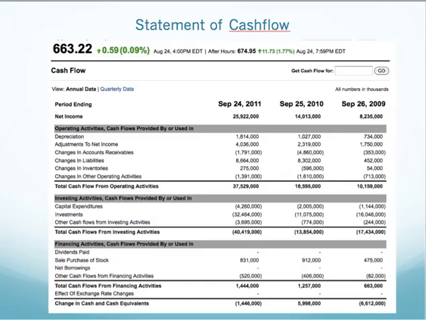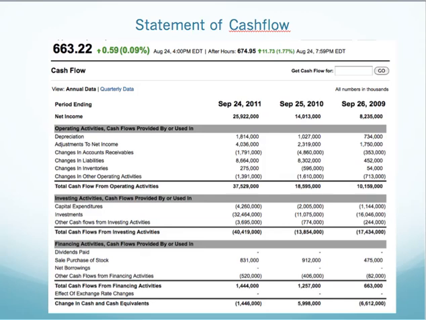The last financial statement I want us to look at is called a statement of cash flow. The statement of cash flow reports on where did the company get its cash, and how did it spend it. Cash to a company is like water to humans. It is critical that they have it.